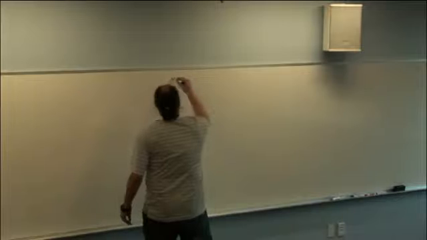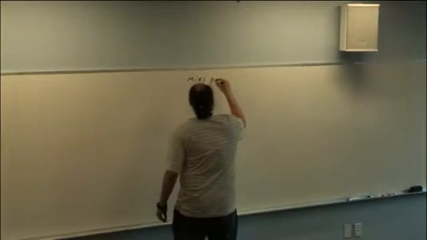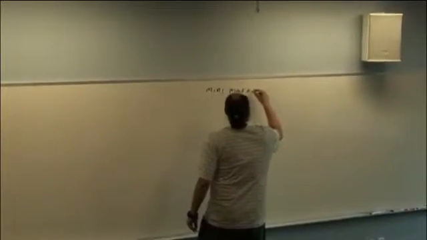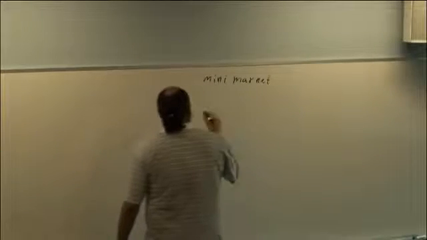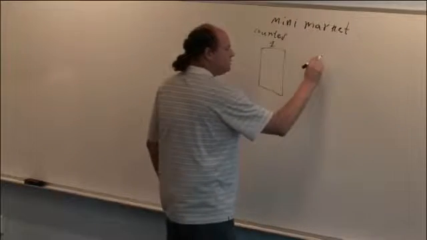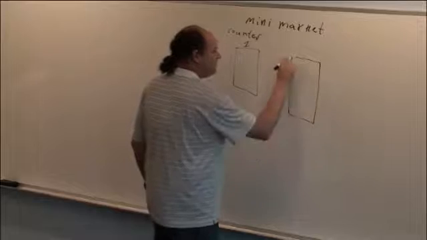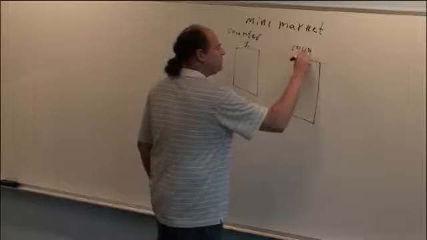We're going to look at a mini market. A mini market will have two counters. This is counter number 1, and here's another counter, which is counter number 2.